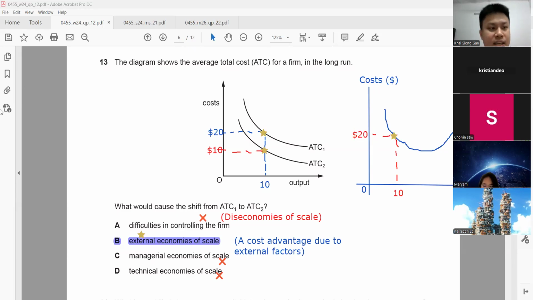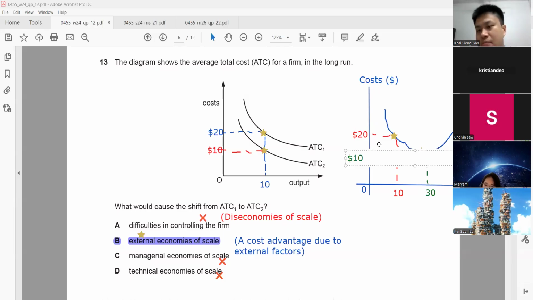Now, let's say you produce more, from 10 to 30. Then you get some cost advantage. So you can see the movement along the curve. Now you are producing more output, up to 30, and your cost also becomes lower, becomes 10, for example.